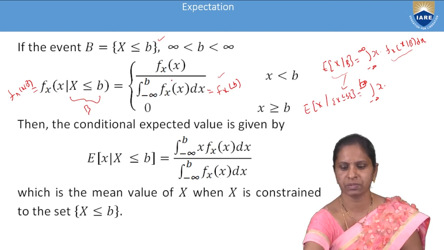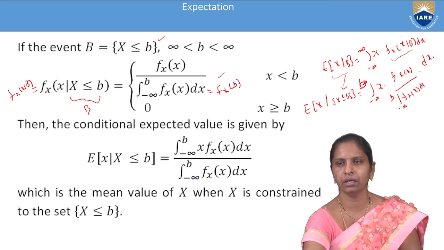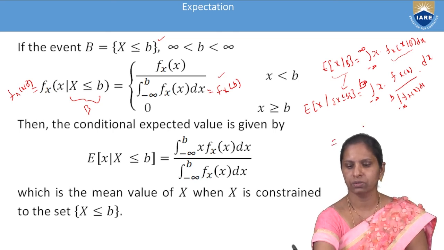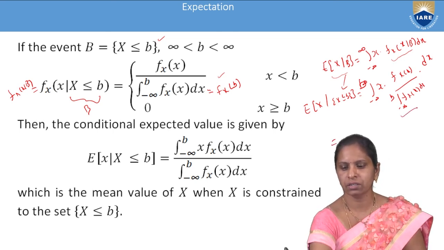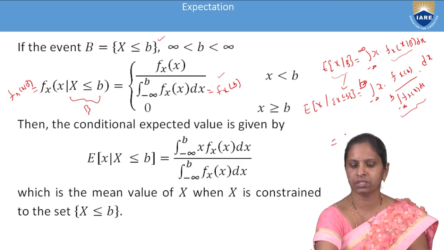What is my fx of x by b here? Fx of x by, what is the denominator? Integration from minus infinity to b of fx of x dx, into dx. Okay, so that equals, the denominator is a constant value. It is not depending upon x, so you can bring it outside.